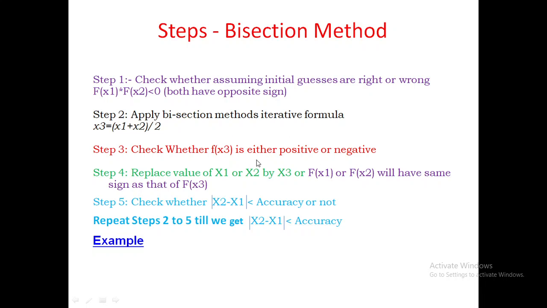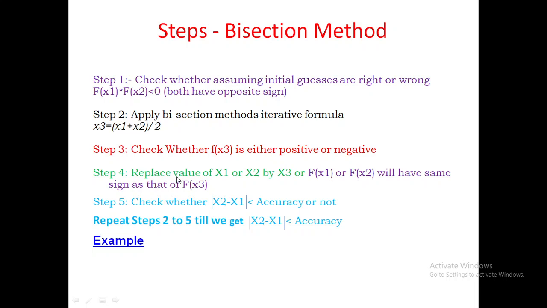Suppose you are given a numerical x square plus 2x plus 1. You have to put the values of x1 and x2 in that function, then check whether the value is positive or negative in the third step.